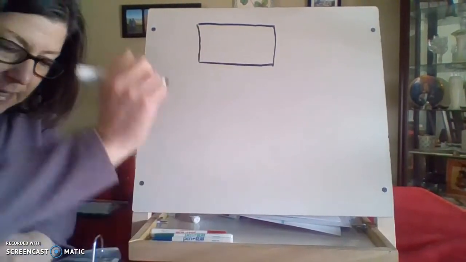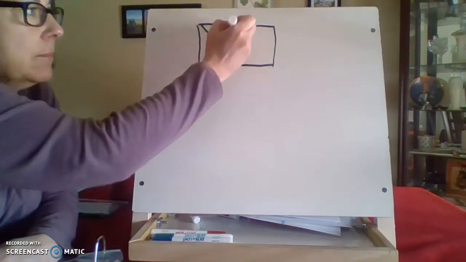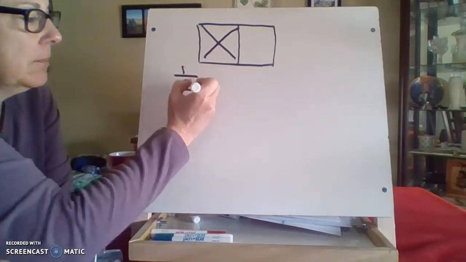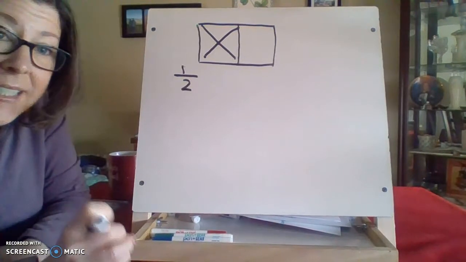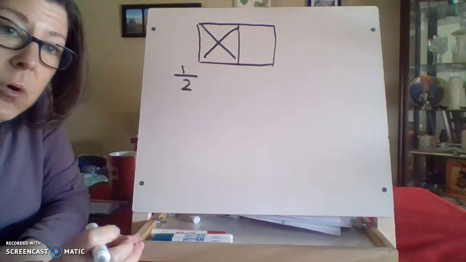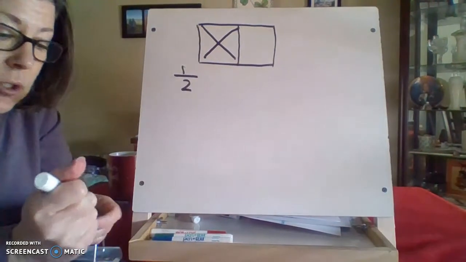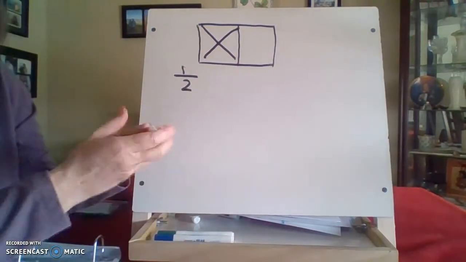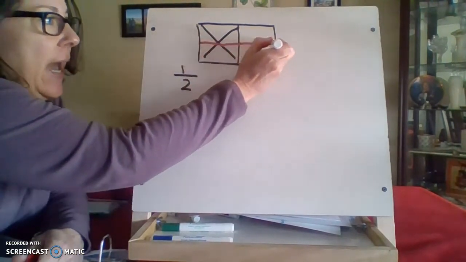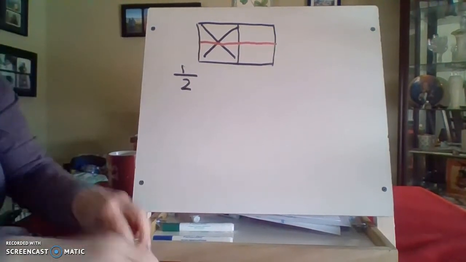And I'm going to cut it in half. Now I'm going to decompose this tape diagram. Remember, when we decompose, we're basically breaking it down. So I'm going to break it into smaller pieces. I'm breaking each half into two pieces, so I make the pieces smaller.